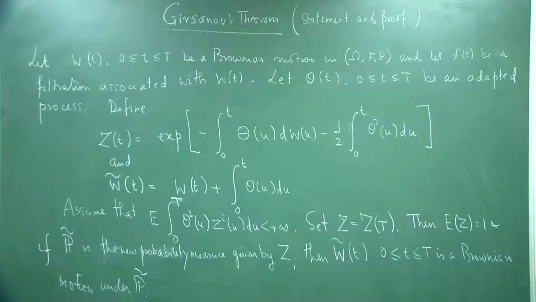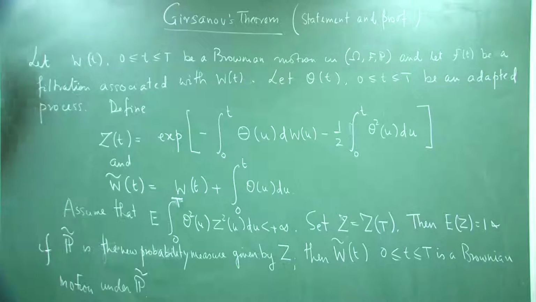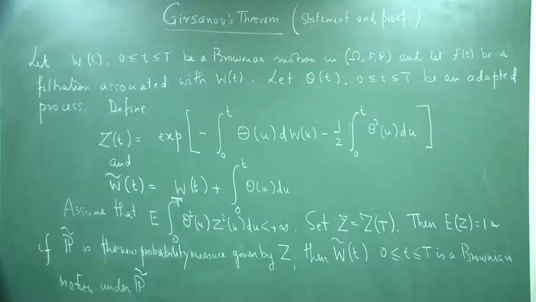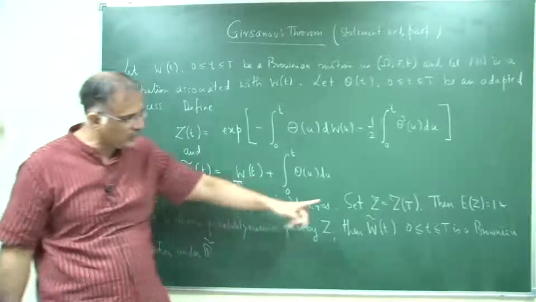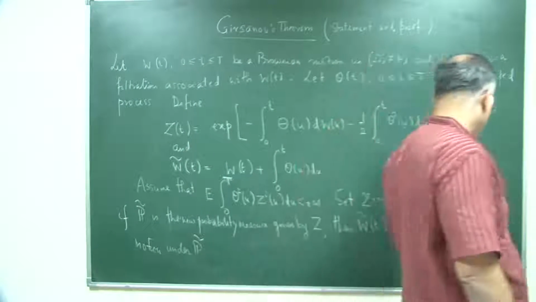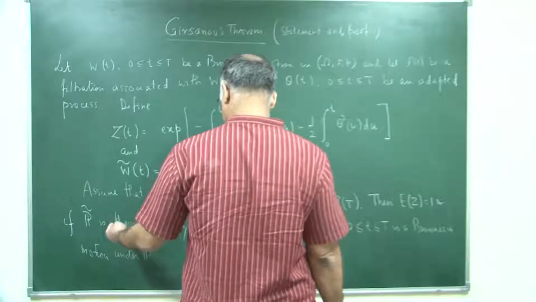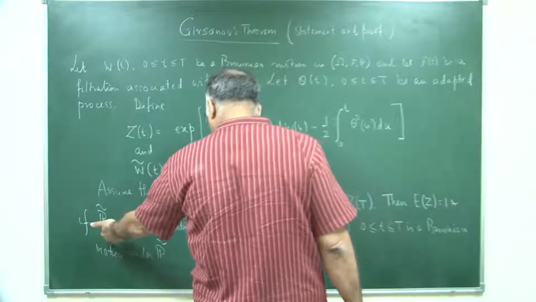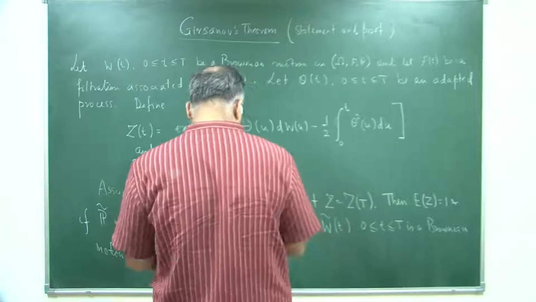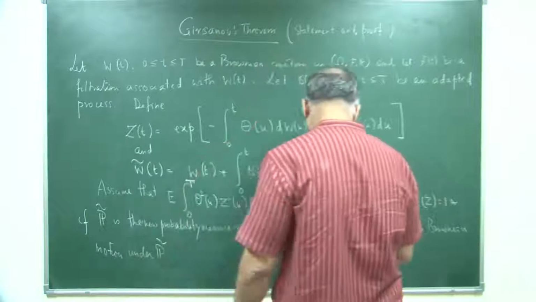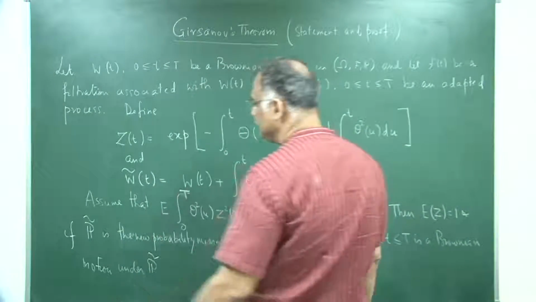So, what are the things that we have done? We will now do the proof after rubbing this, because we have a one board system here. We define a process Zt which will allow you to create a variable Z, with which we can show that E of Z equals 1. And then if P tilde is the new probability measure given by Z, that is, the integral of Z dP over A is P tilde of A, then W tilde is a Brownian motion under P tilde.